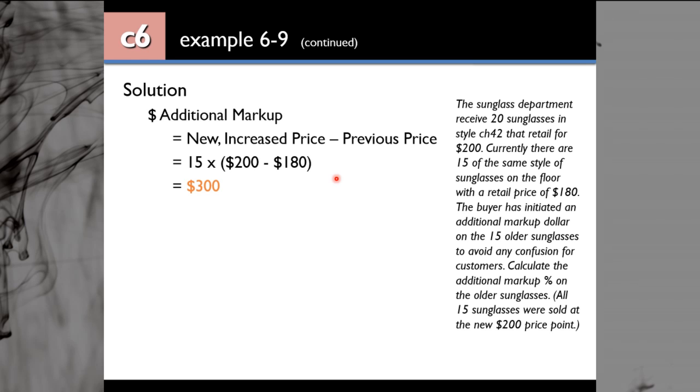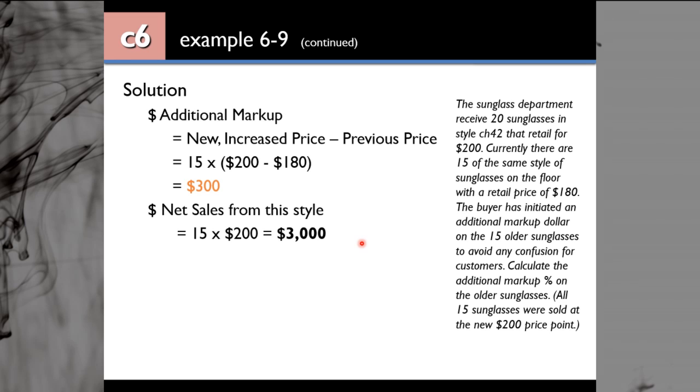And you can calculate the net sales from this style. For this style, after you have this additional markup, you still sold all these 15. So that is going to be 15 multiplied with 200. So you have sales of $3,000 for these 15 sunglasses. Then now you can calculate your additional markup percentage.